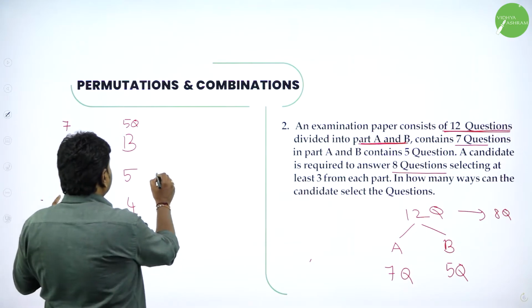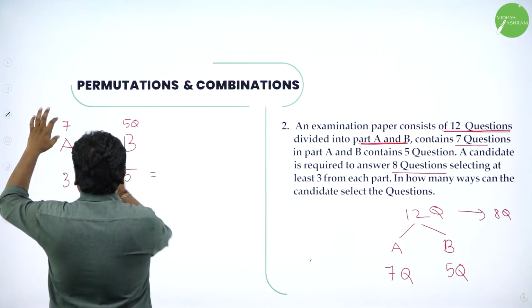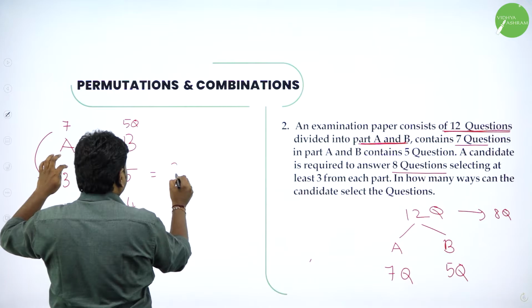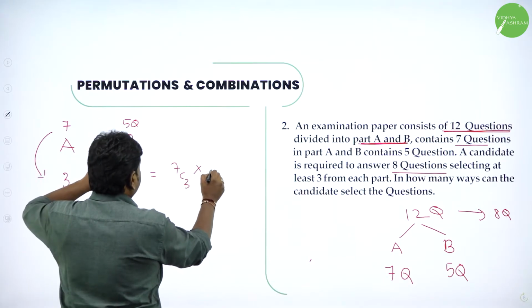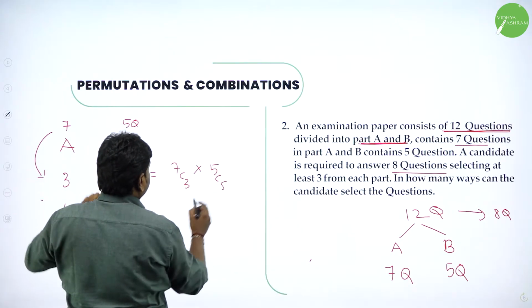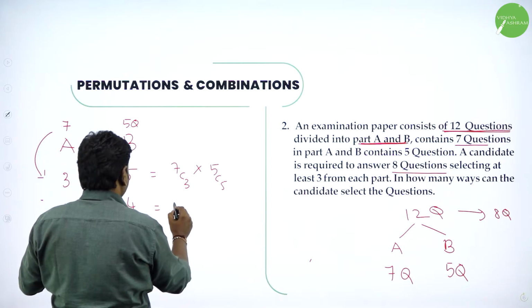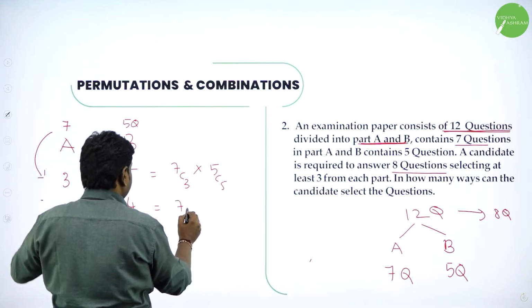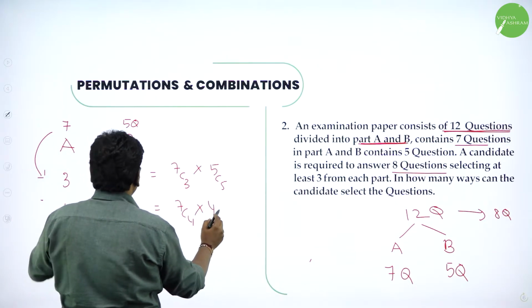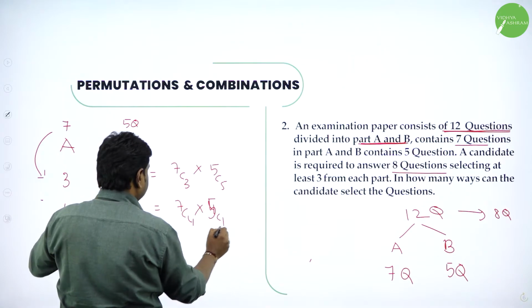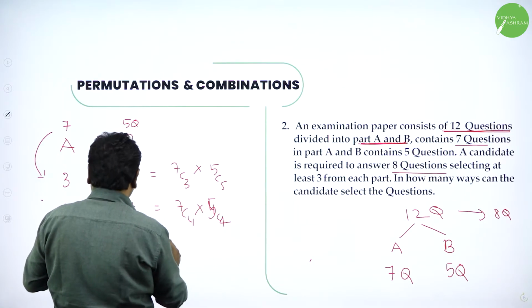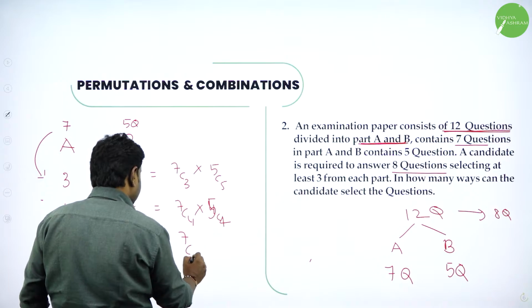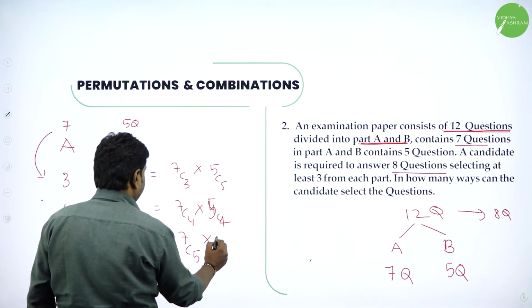Out of 7, 3 can be selected in 7C3 into, out of 5, 5 can be selected in 5C5. Or 7C4 into 5C4. Or out of 7, 5 can be selected in 7C5, out of 5, 5C3.